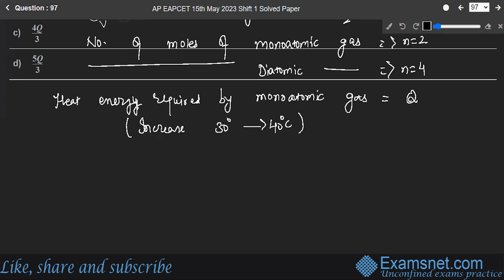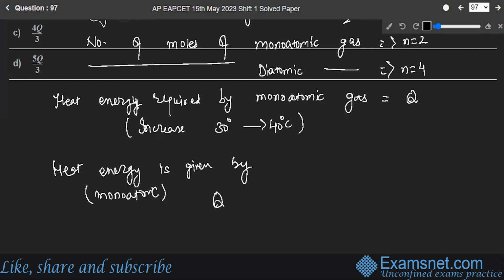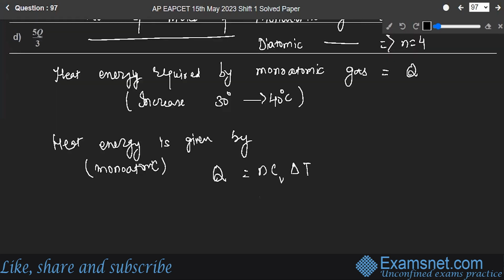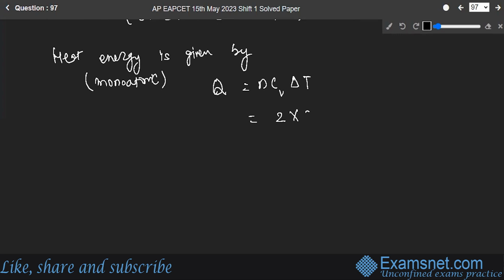That means the heat energy for the monoatomic gas is given by Q is equal to n C_V into change in temperature. This is 2 moles, this is 3 by 2R, and change in temperature 30 to 40, we are moving 10 degrees. So this is equal to 30R. That means Q is equal to 30R. Let's say this is 1.